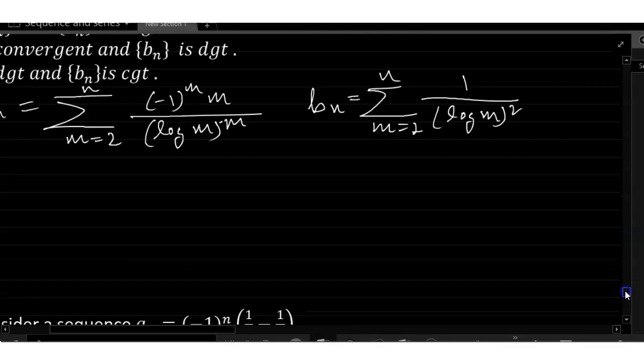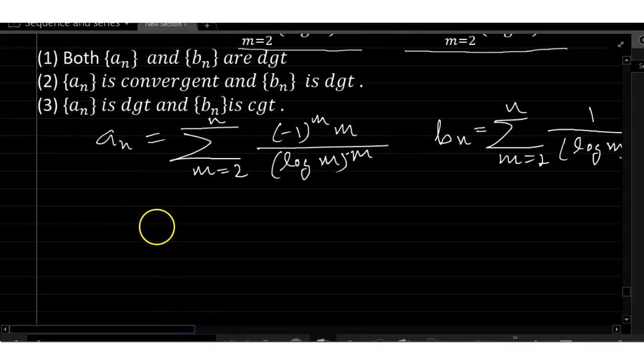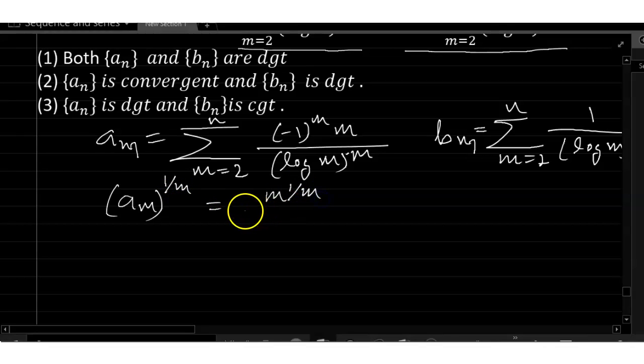So this is am, this is bm. So am whole to the power 1 by m equals m to the power 1 by m into log m whole to the power m by m, whose limit is equal to 0, so less than 1.